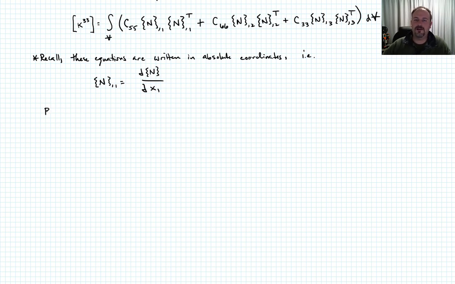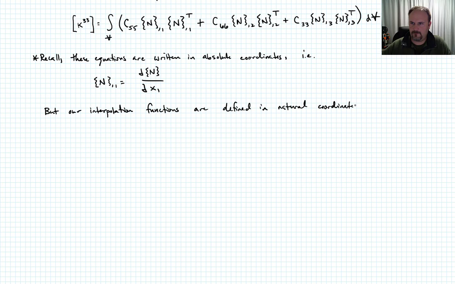Here's the problem, but our interpolation functions are defined in natural coordinates. Right? We had defined that N, as we've been given, was defined as N as a function of, in this case, xi, eta, and zeta, right? Okay, not N of x1, x2, and x3, right?